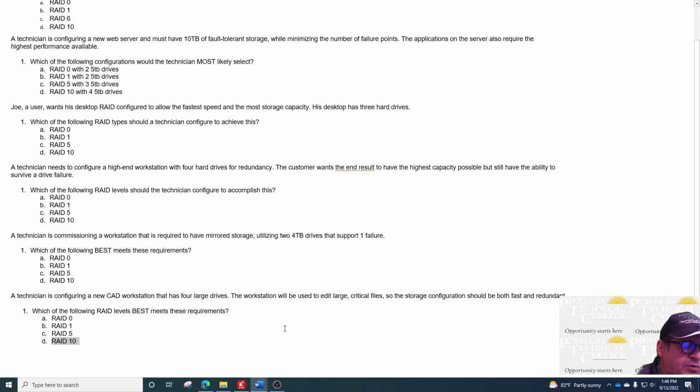Of course, that's more expensive to set up, and you lose 50% of your drive space. But if the files are that critical, and you're going to be doing that much reading and writing for a CAD workstation, that's where we are. We're at a RAID 10. You just have to put the money in to set that up.